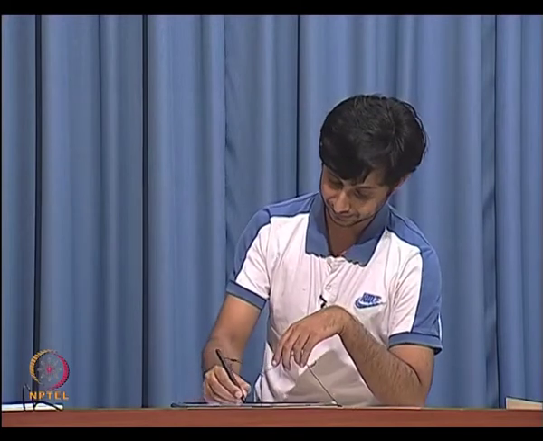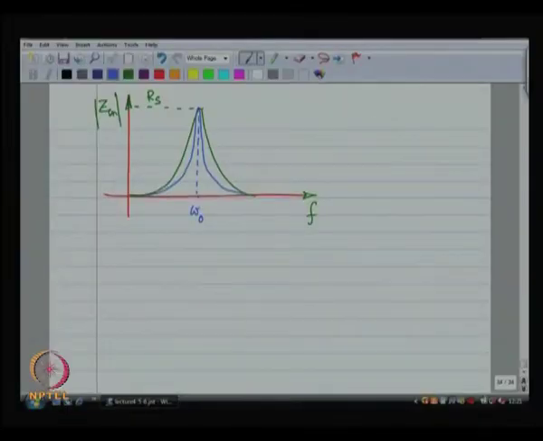Why is the different one going to be larger? Why not broad? It is like this, that for the L match case, R L by R s is 1 plus Q square.